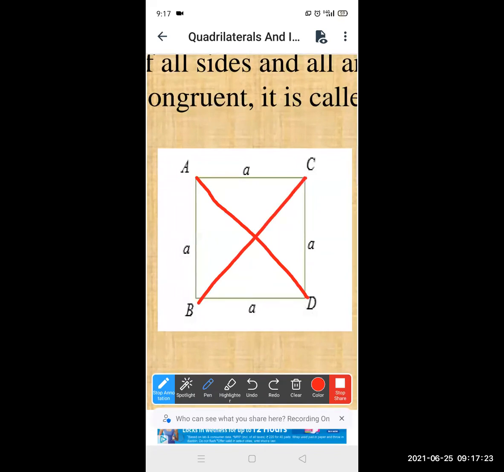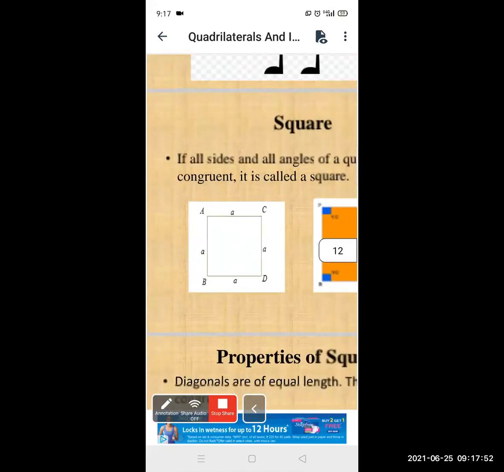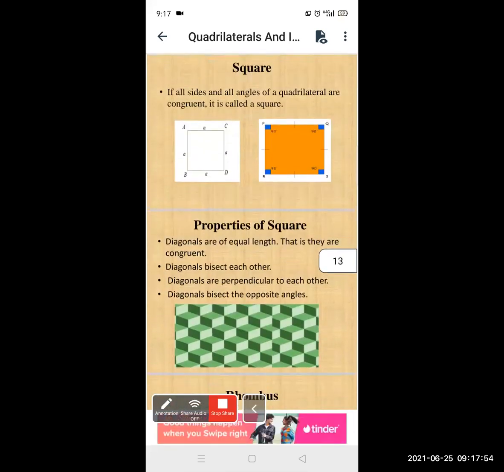So if we draw like this, the diagonals are perpendicular over each other, because you are drawing straight lines. So what happens here? The diagonals intersect each other and they are perpendicular to each other, meaning the angle formed between them is 90 degrees. You can see it clearly. So this is also a very important property of a square.